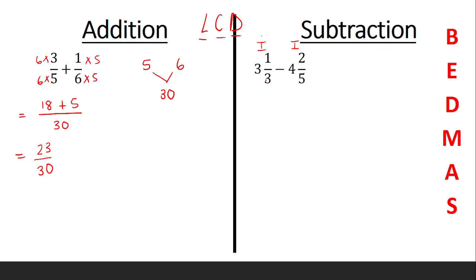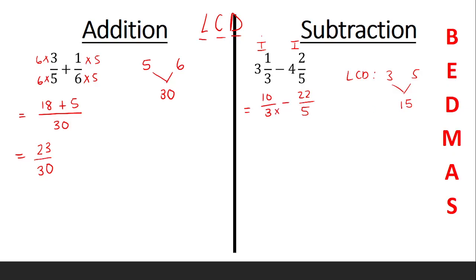We've got 3 groups of 3 plus 1, so that's 10 over 3, minus 4 groups of 5, that's 22 over 5. Now we've got to get the LCD. So what are our two numbers? We've got 3 and 5. The closest multiple of them would be 15.